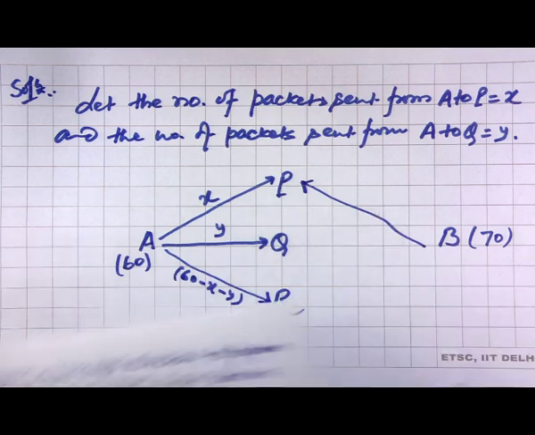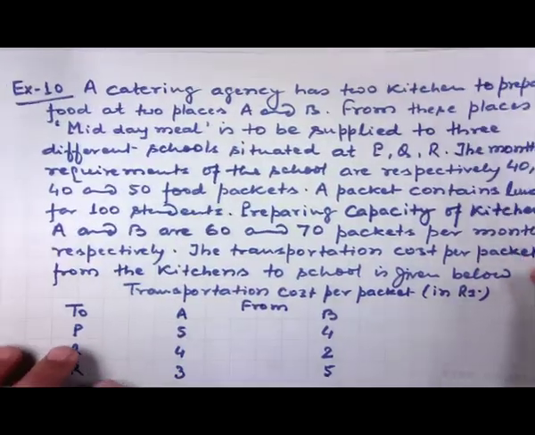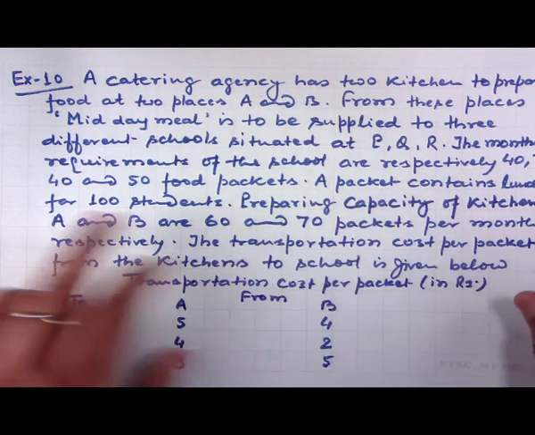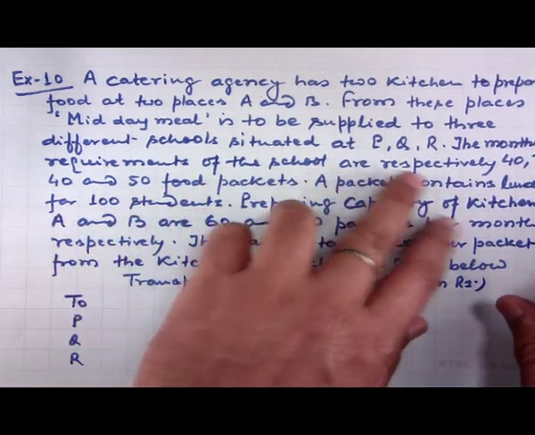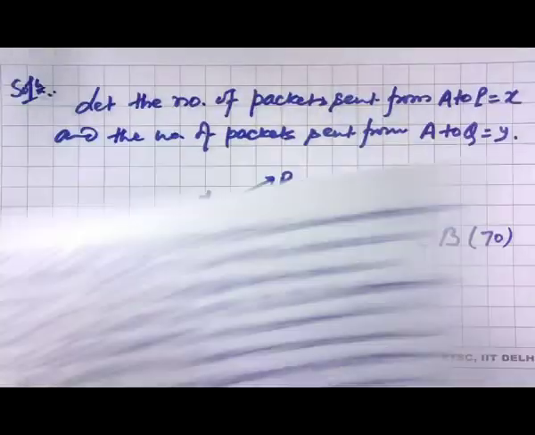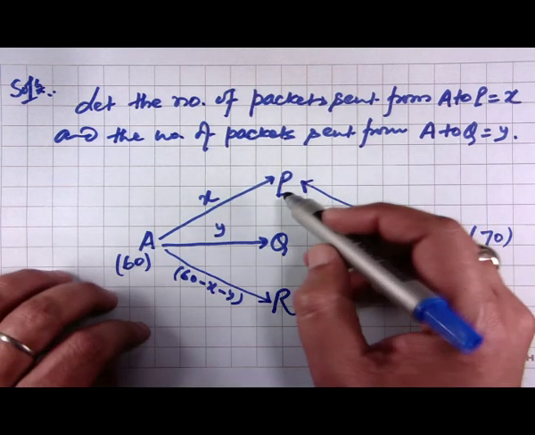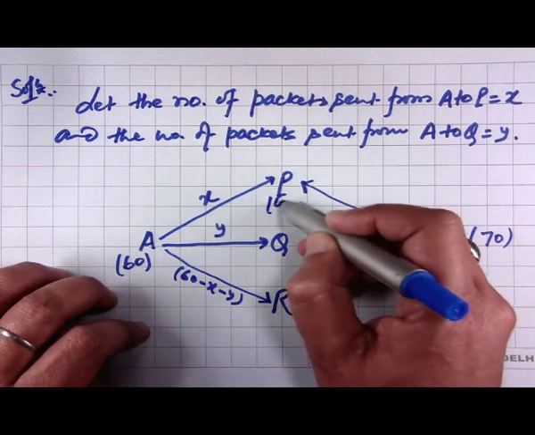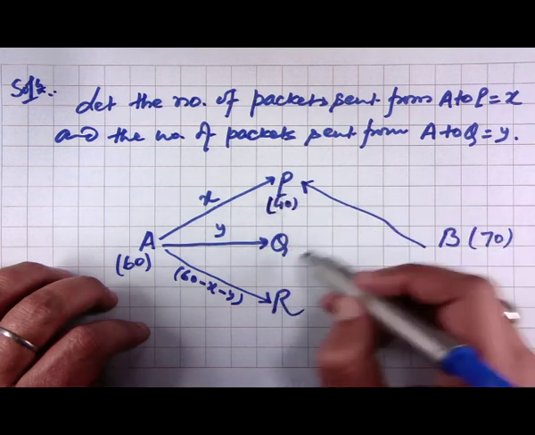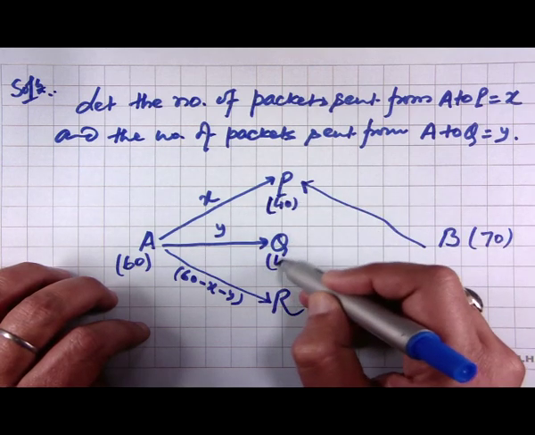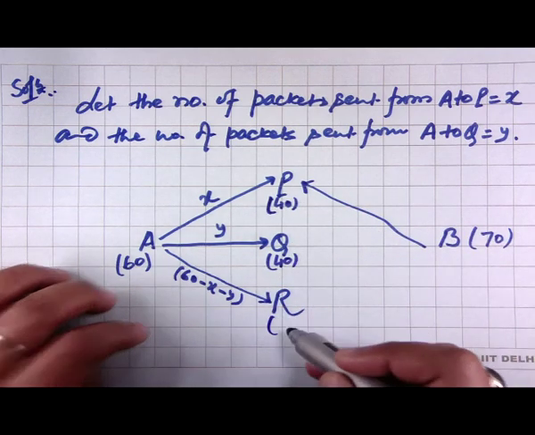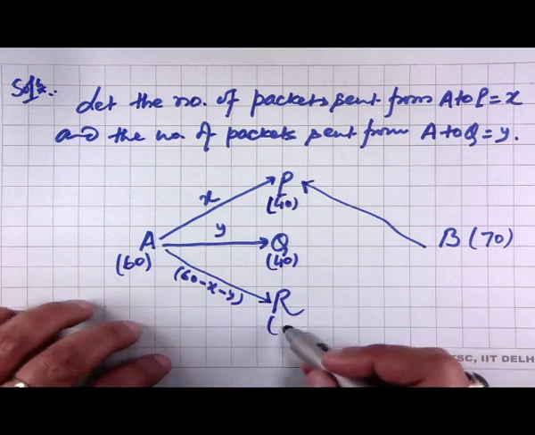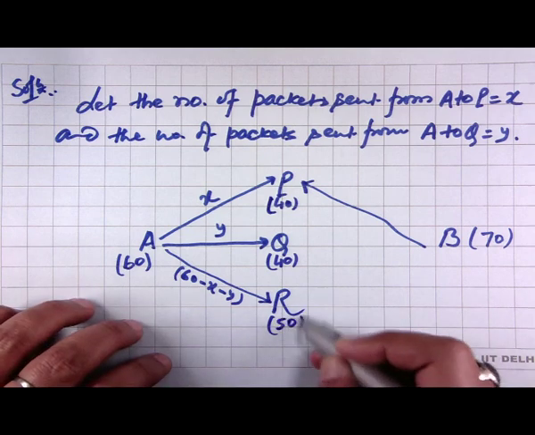the monthly requirements of schools P, Q, R are respectively 40, 40, 50. So the requirement of P is 40, of Q is 40 and of R is 50.